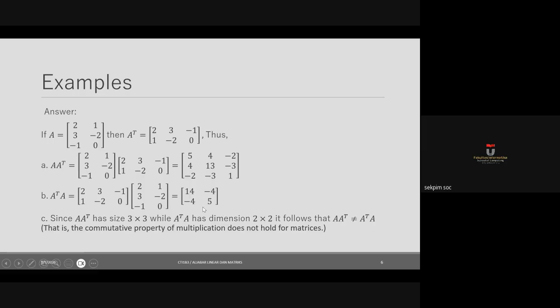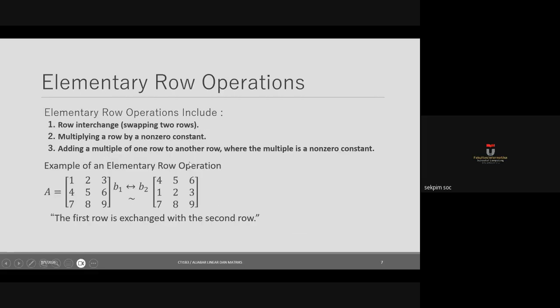Of course, if two matrices are equal, they have to have exactly the same size and the same elements. Since A A transpose and A transpose A have different elements, they are not equal. So this one is not satisfied, and the answer for point C is that it doesn't satisfy.